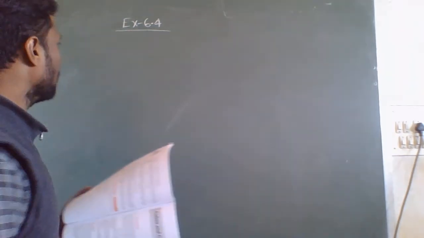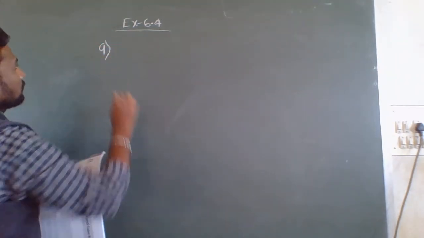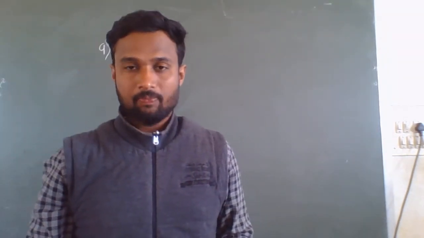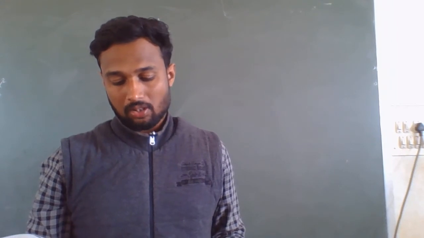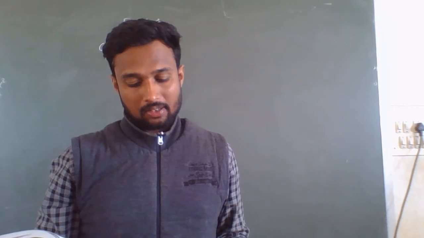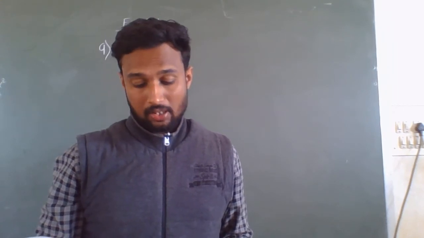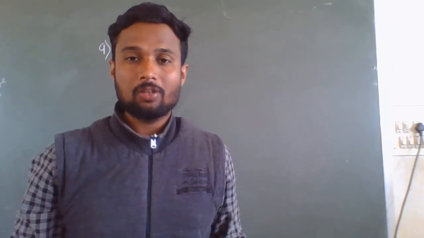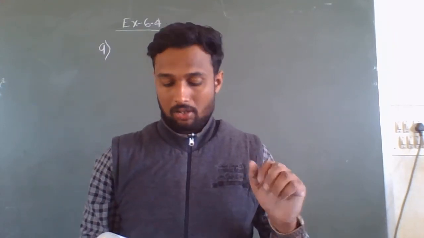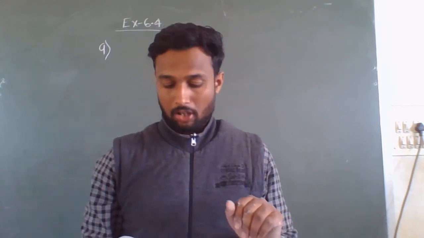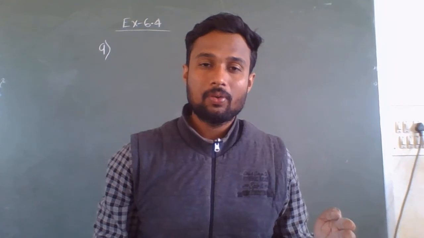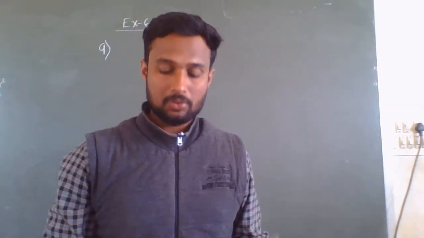In the ninth problem, what is given? There are 500 children in a school. For a PT drill, they have to stand in such a manner that the number of rows is equal to the number of columns.